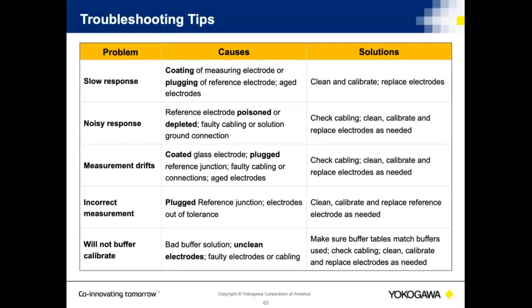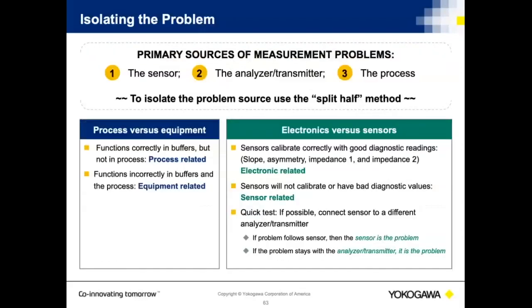And basically it tells you clean and calibrate. That's the first thing you do with these analyzers and these pH probes. Make sure they work in pH buffer solutions. If they don't work properly in pH buffer solutions, they will not work well in your process. How do you determine that? Well, again, it's the buffers. You take the probes, you clean them up, you put them in buffer solutions.